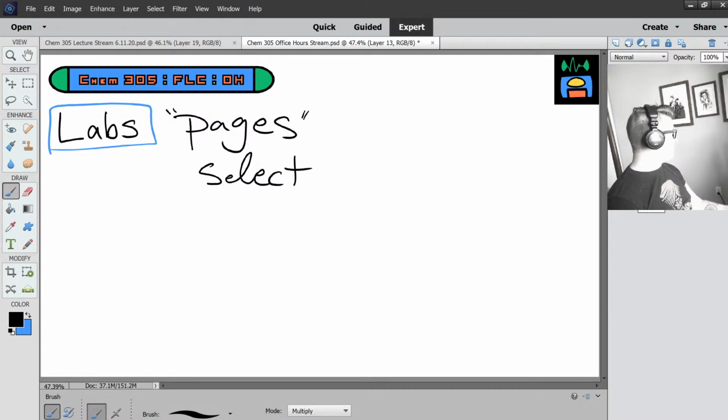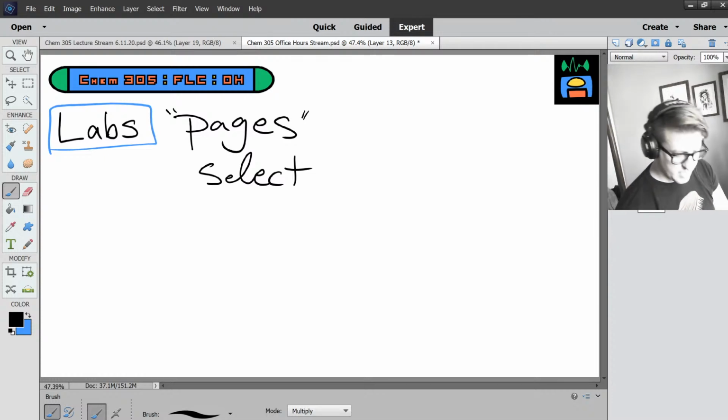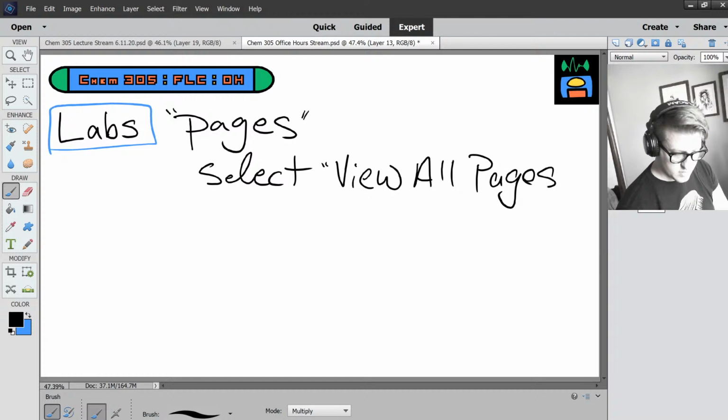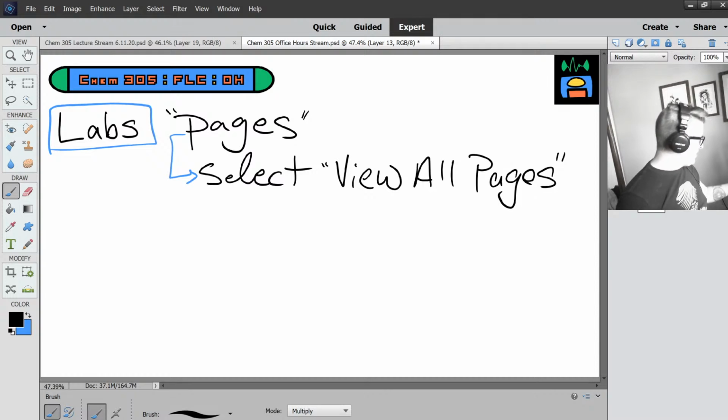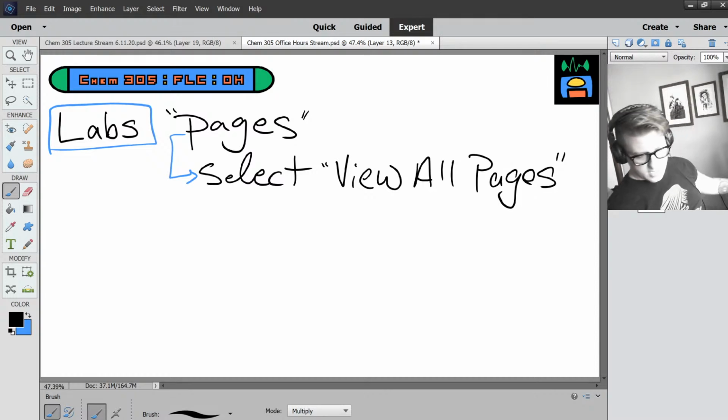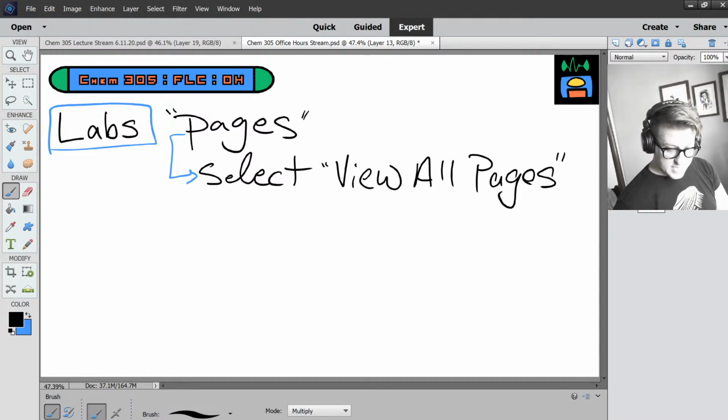So you select pages, and then you select view all pages. And then in that will be a list of the available pages.